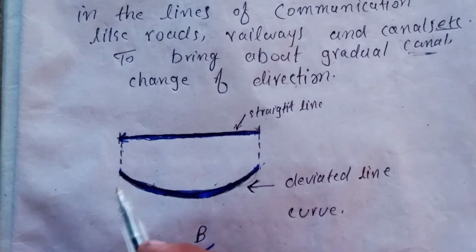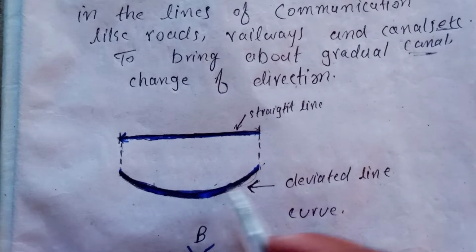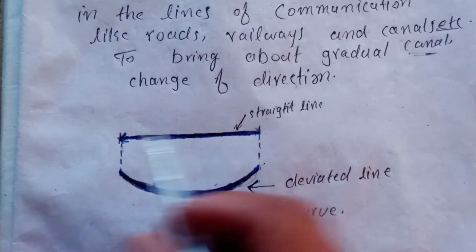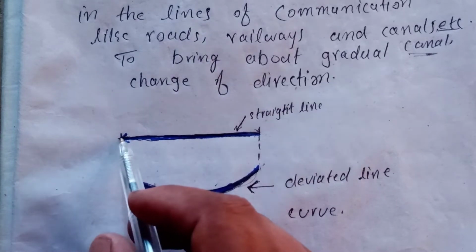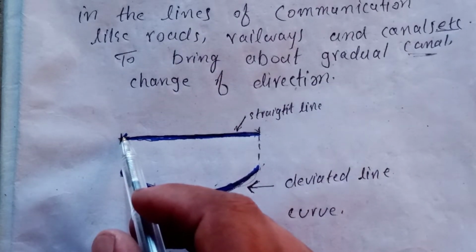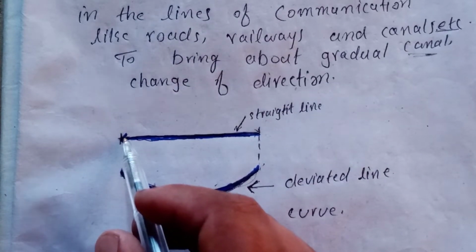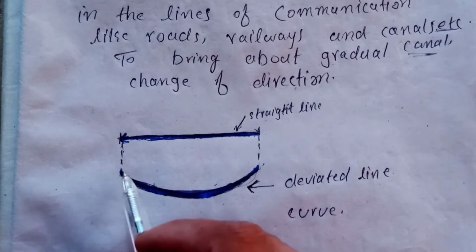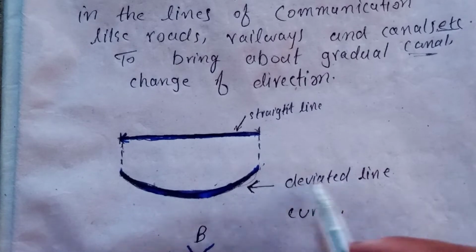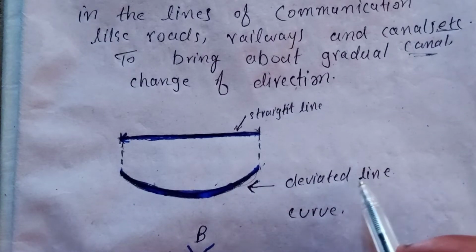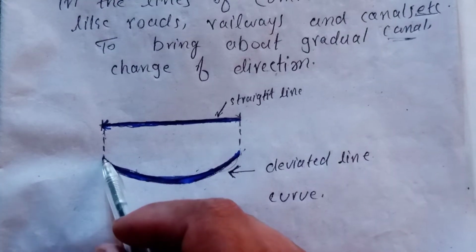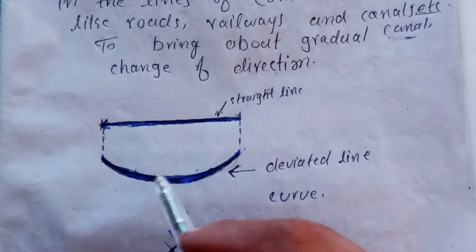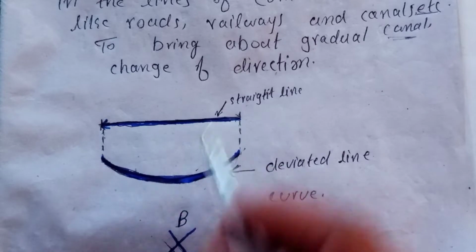You can see that it is deviated, and here we have said some or all of its length. So here the straight line is deviated from this point to the end. It means that all of its length is deviated. So the deviated line is here, and from this point to this point, this is known as a curve, which is a deviated form of this straight line.